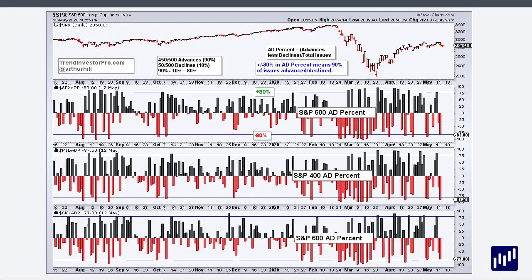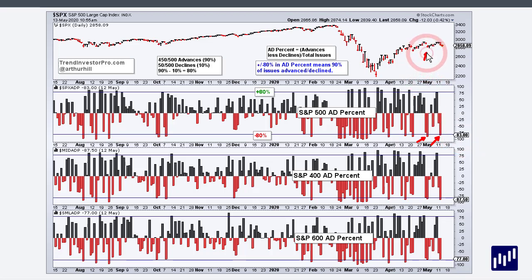And I was also looking at the breadth indicators for the S&P 500 in particular, and this is advance-decline percent. And when it goes below minus 80%, as it did twice in the last 2 weeks for the S&P 500, that means more than 90% of issues in the S&P 500 declined.